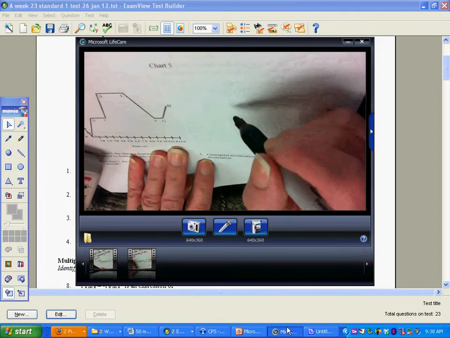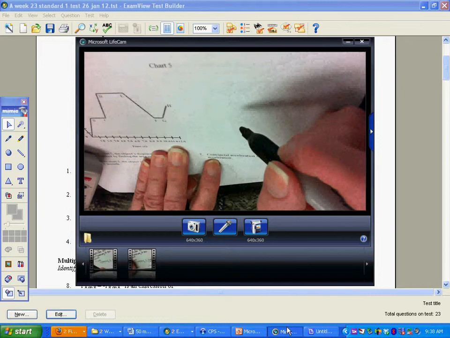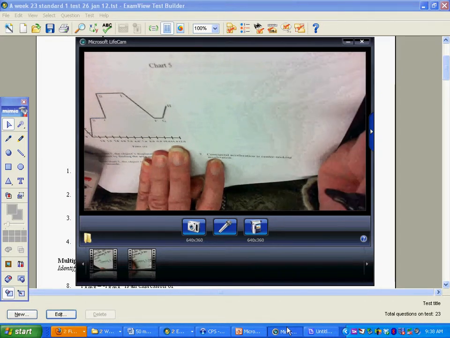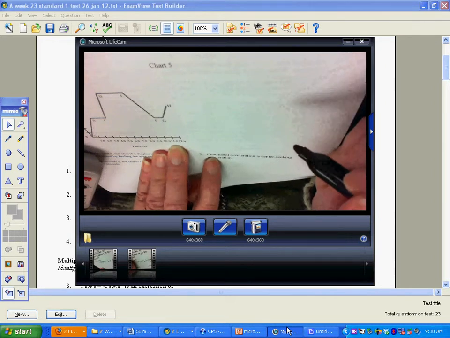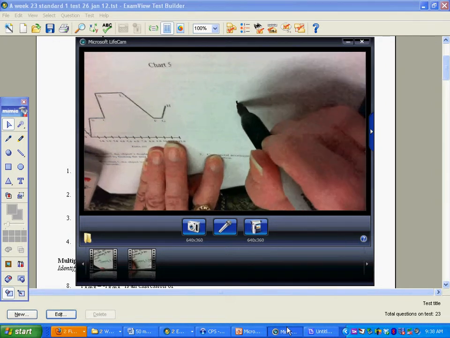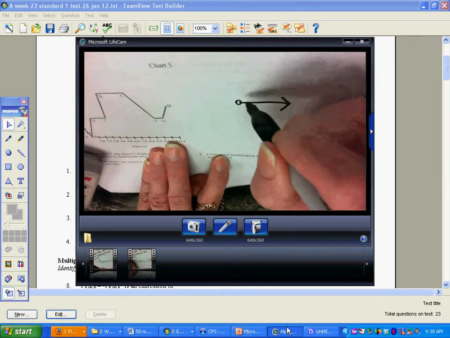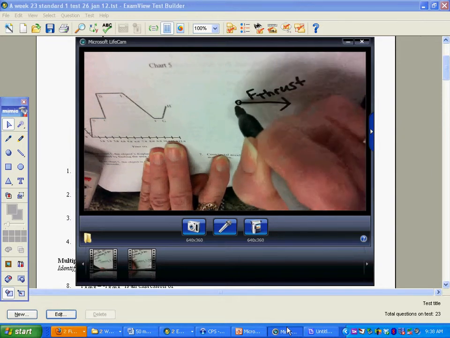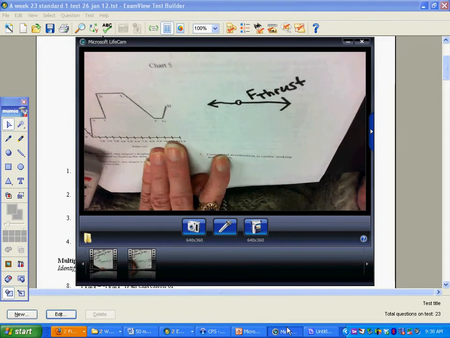So what this is asking us, shh. All right, listen, please. The net force is the resultant of the force vectors. So let's ask us this question. Let's say that we've got one vector with a force of thrust this direction, another vector, what might be opposing force of thrust?